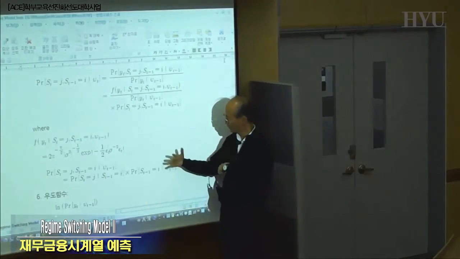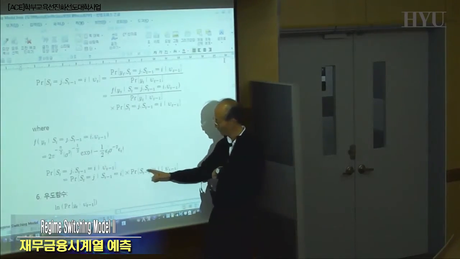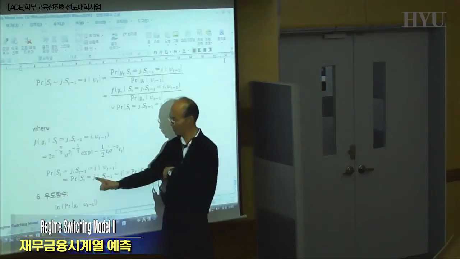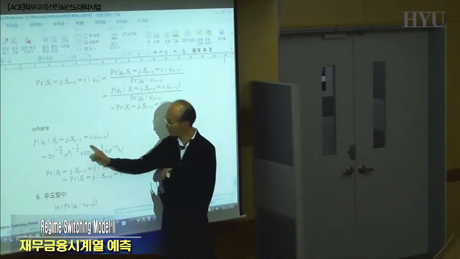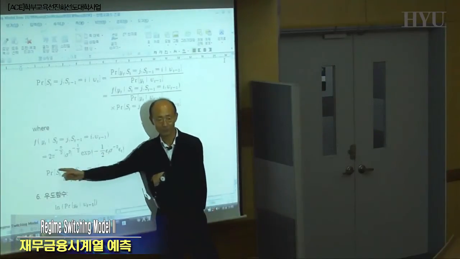You start from here, and given that, you move to there. So that's the joint probability.